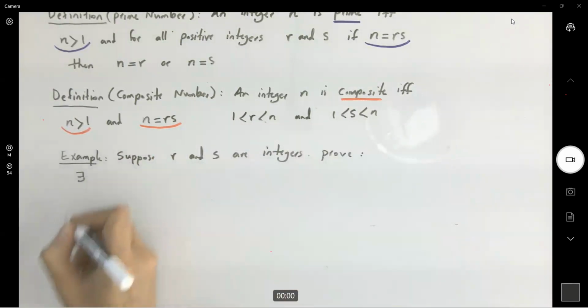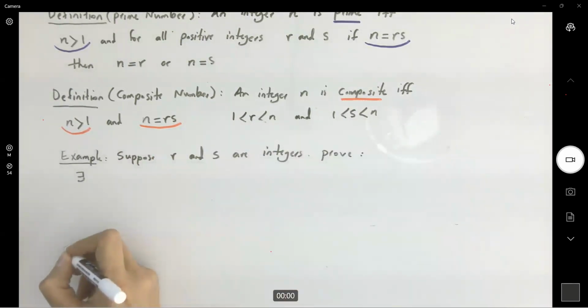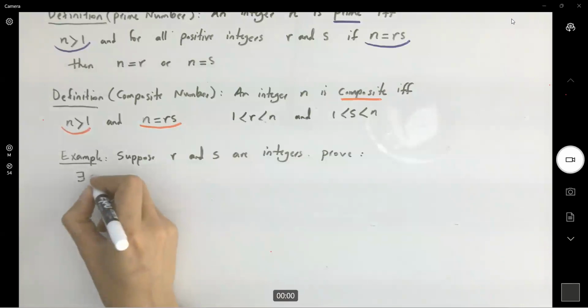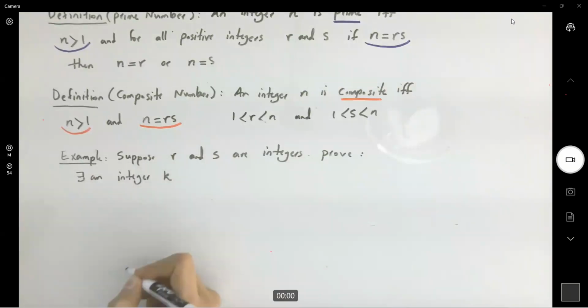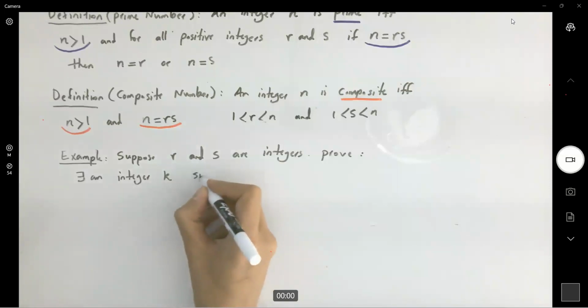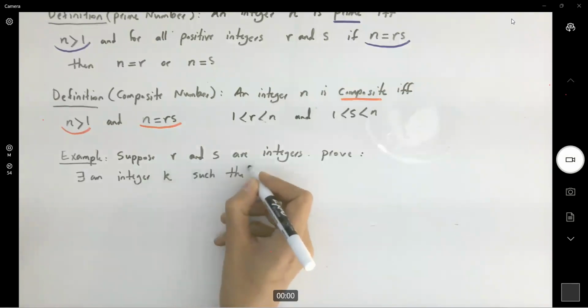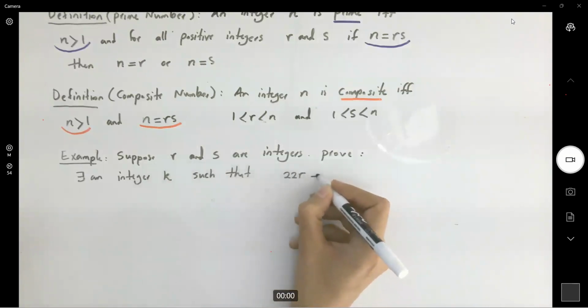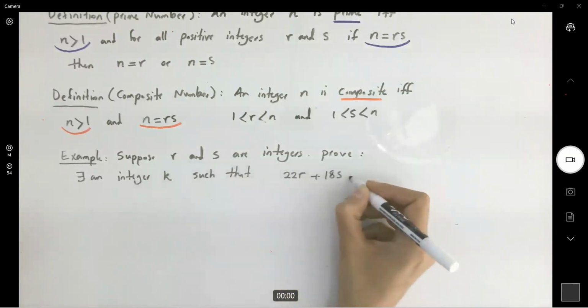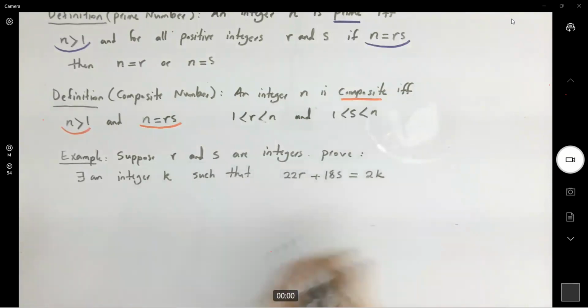There exists an integer like k such that 22 times R plus 18S is 2 times k.